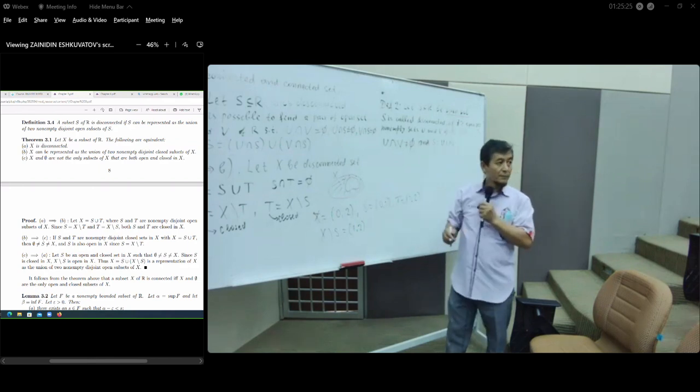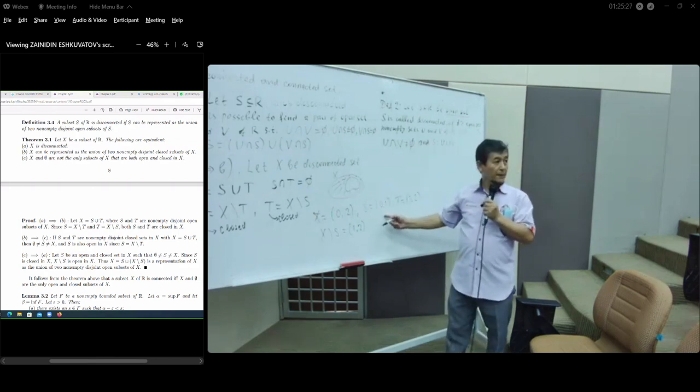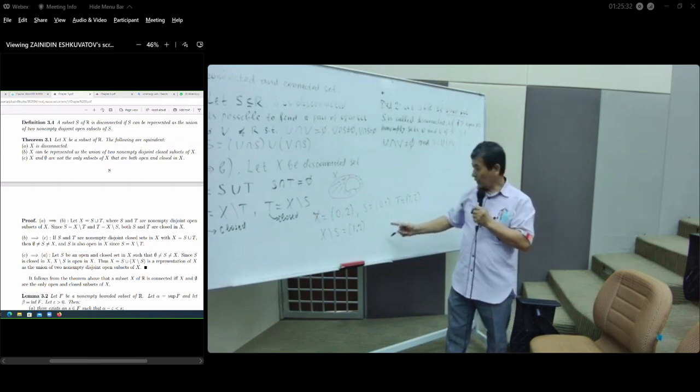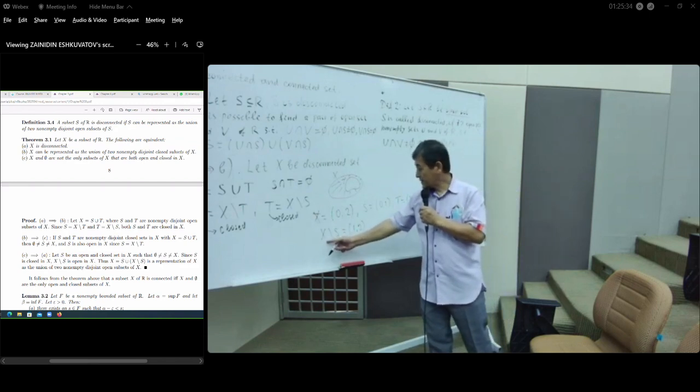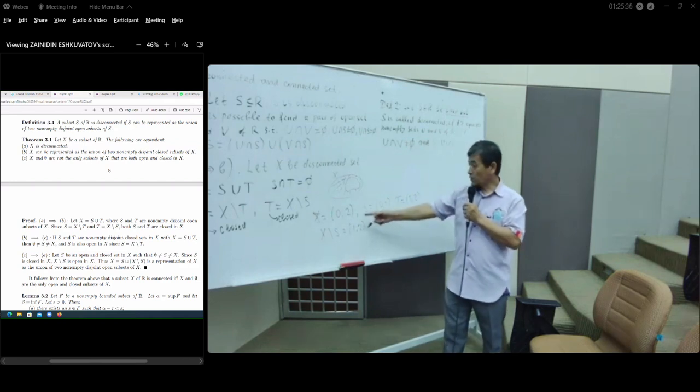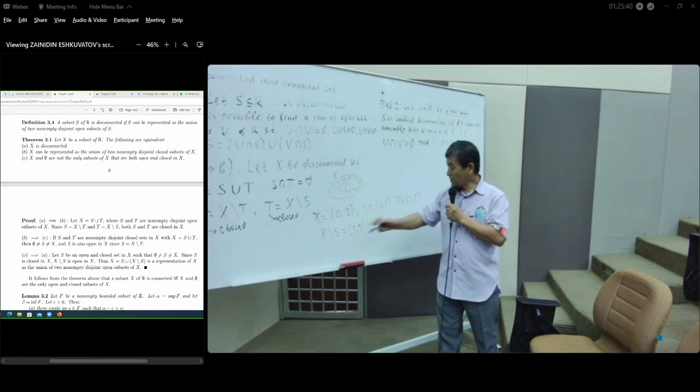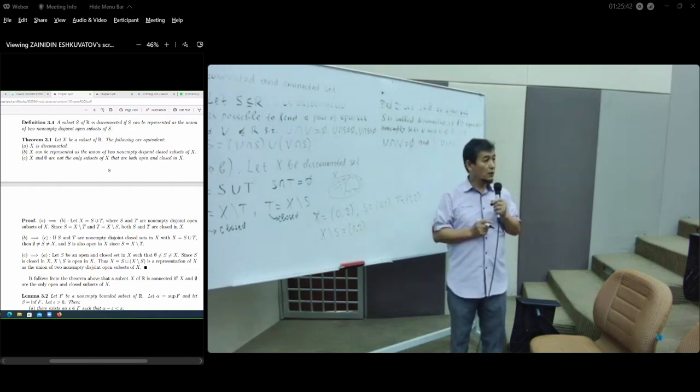Why? S is an open set. T is an open set. Now I am subtracting from X. This X is also an open set. Open set minus open set actually becomes a half closed set.